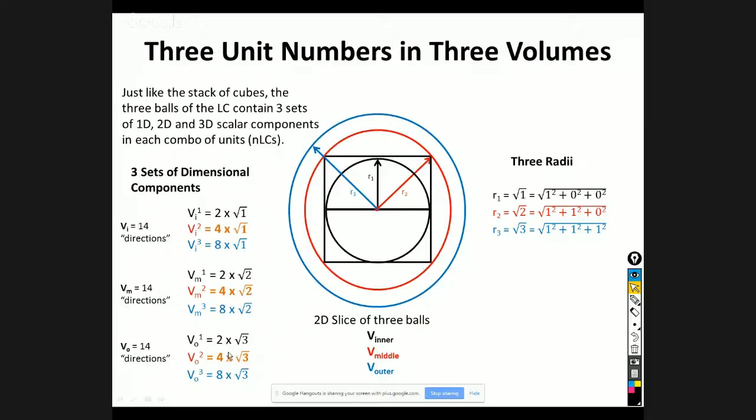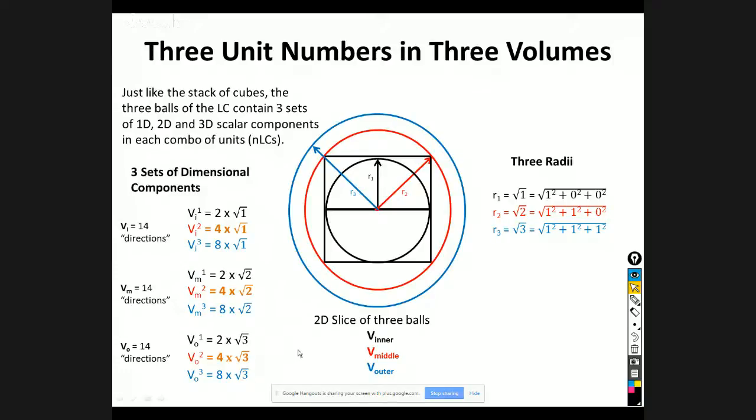And then the same thing for the outer ball, the blue ball. It has a black, a red, and a blue set of geometric figures in it as well. So 1D, 2D, and 3D. So that shouldn't be too hard to understand.